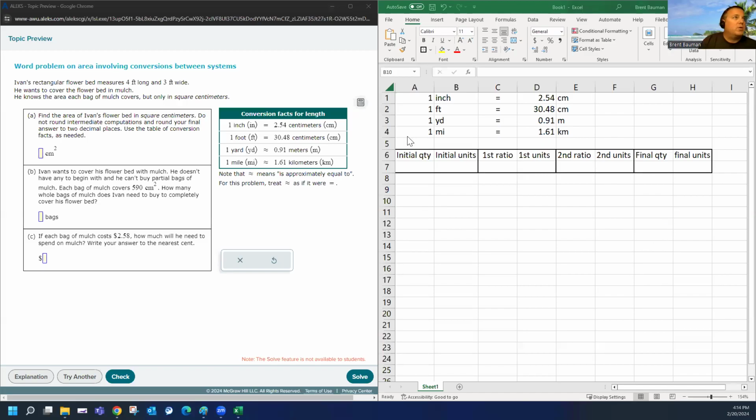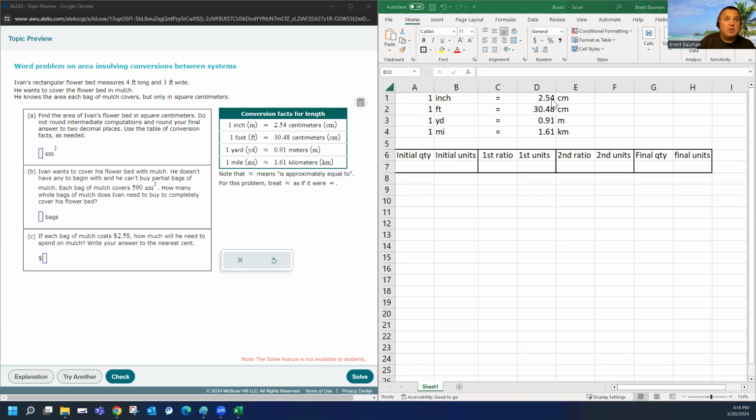Hello, class. I wanted to go ahead and do a word problem on area involving conversions between systems. So again, I would suggest doing this in Excel, setting it up. You can see that I sort of have it set up already, and we can talk about the setup a little bit. Basically, I've taken the facts that they've given us.